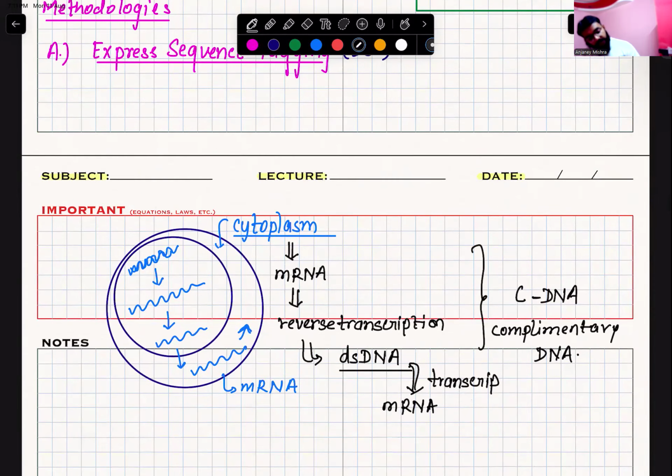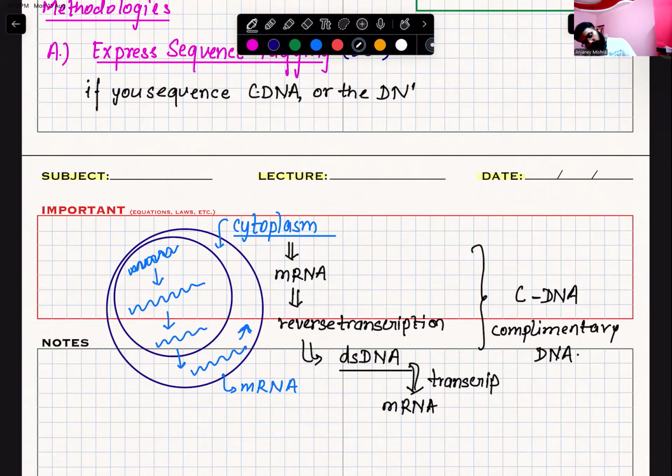So if you sequence cDNA, basically you are sequencing the expressed DNA, which is getting expressed.